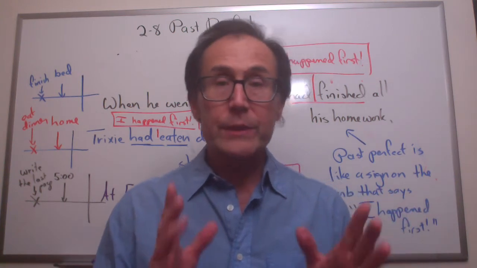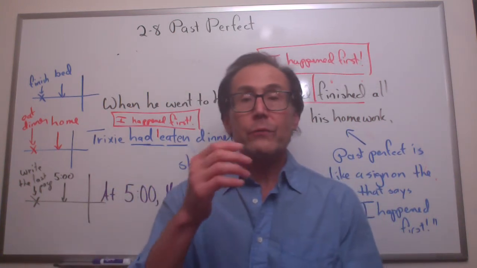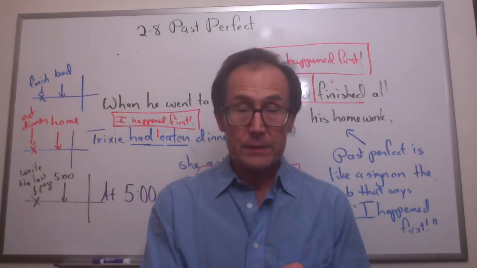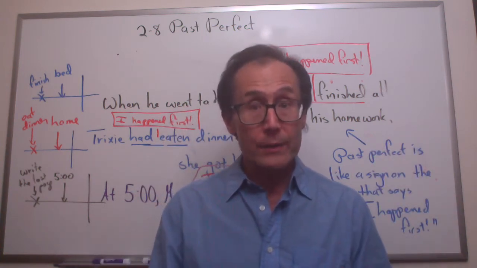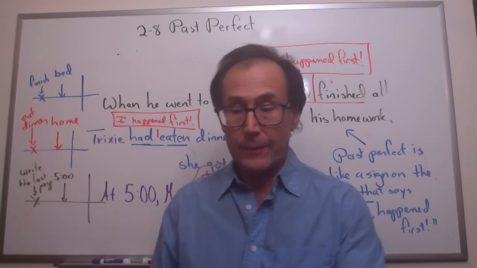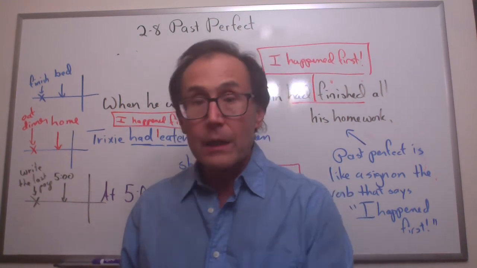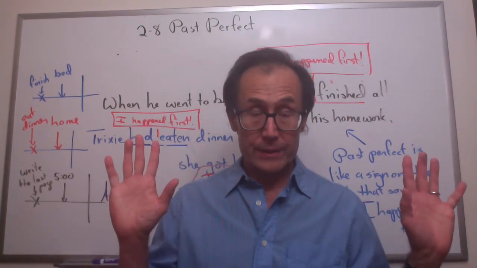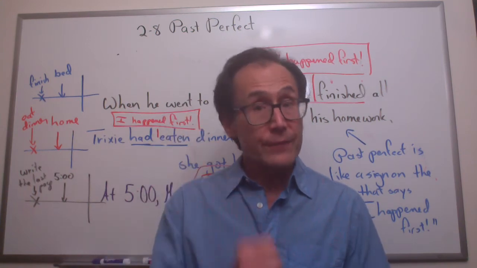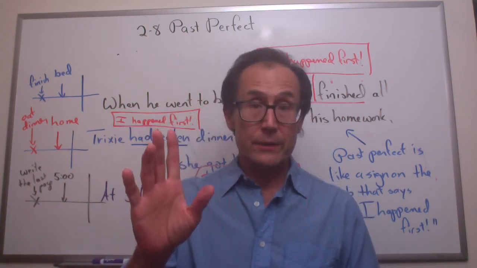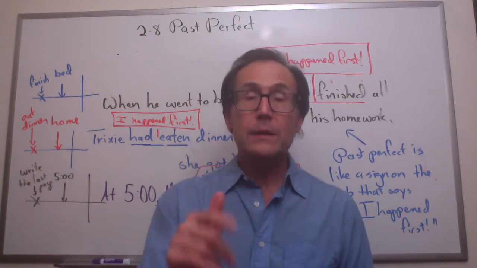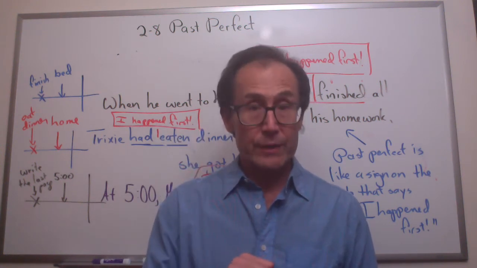Usually in English, we use past perfect when we want or we need to be really, really clear about which action happened first. Very often, I don't need to use past perfect, but when I want to be very, very clear, or when I need to be clear which one happened first, then I can use past perfect.